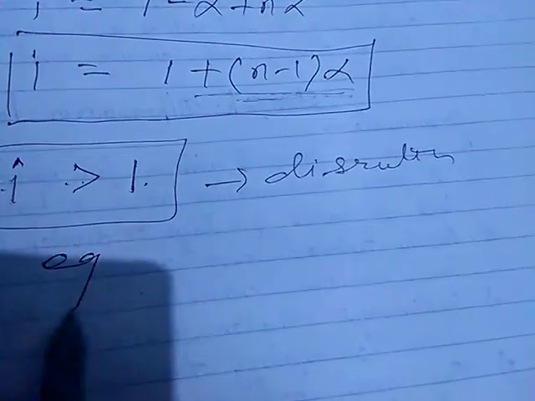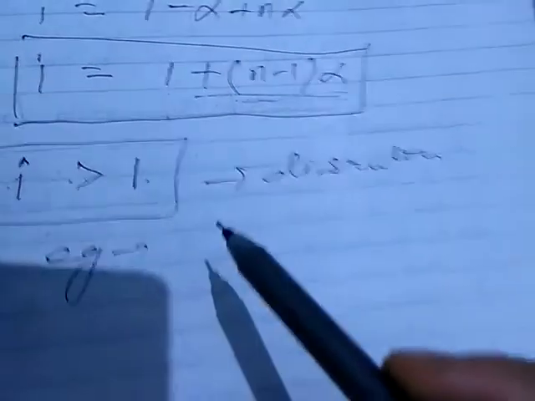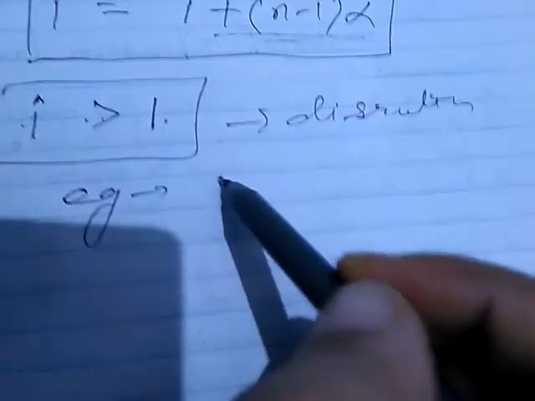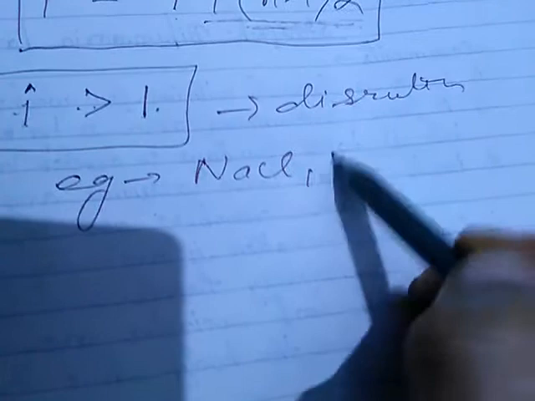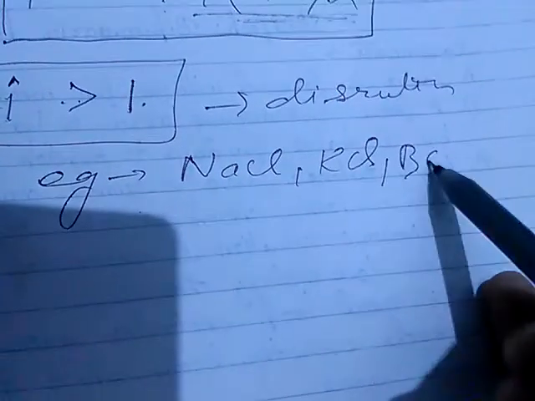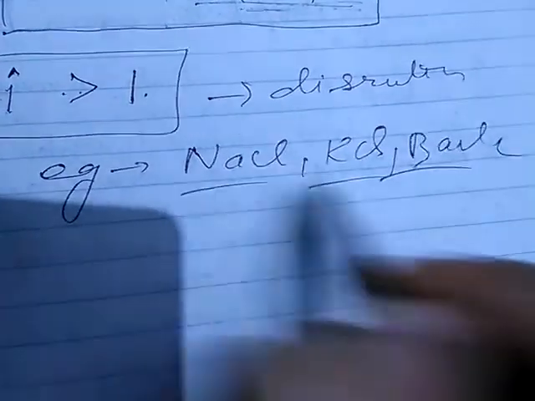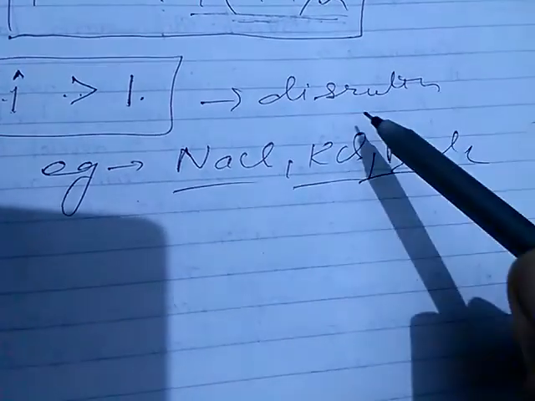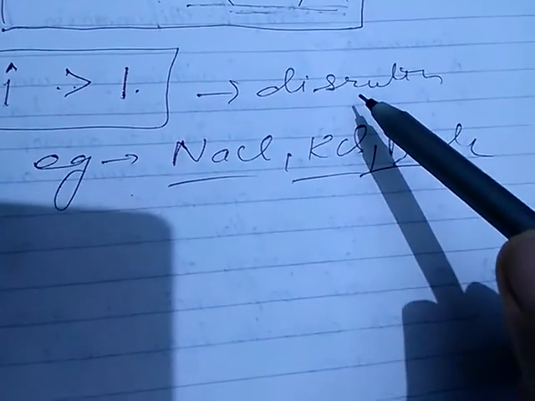Examples of such solutes where i would be greater than 1 are electrolytes, for example NaCl, KCl, BaCl2. These are electrolytes whose Van 't Hoff factor would be greater than 1 because they show dissociation in the solution.